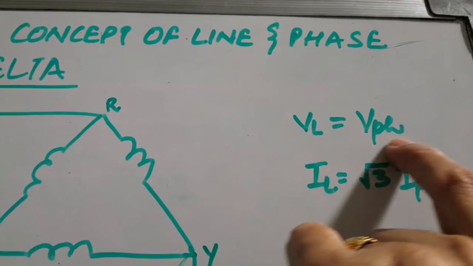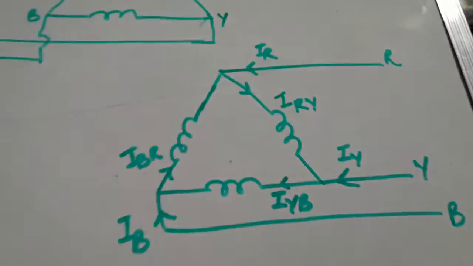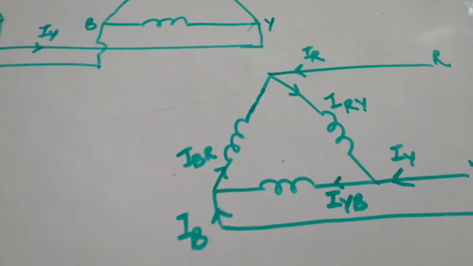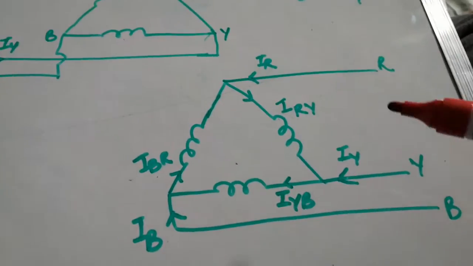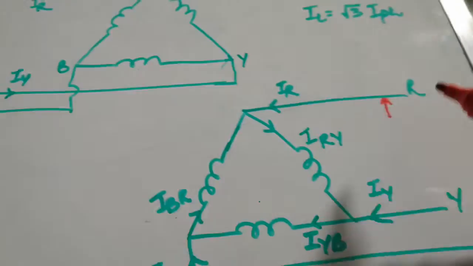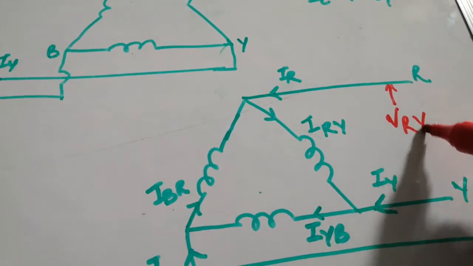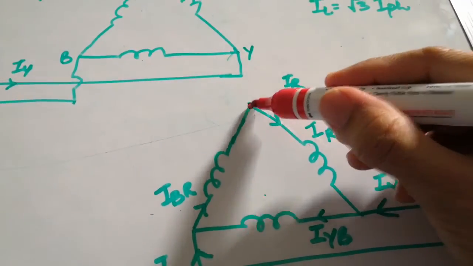But I am going to give you a quick concept over here so that you don't get confused in the numericals. Here I have taken the delta system, and just check it out: this is my line voltage between R and Y. Just pinpoint the points here.